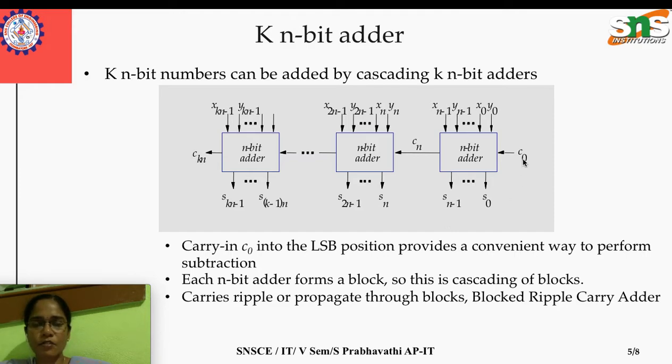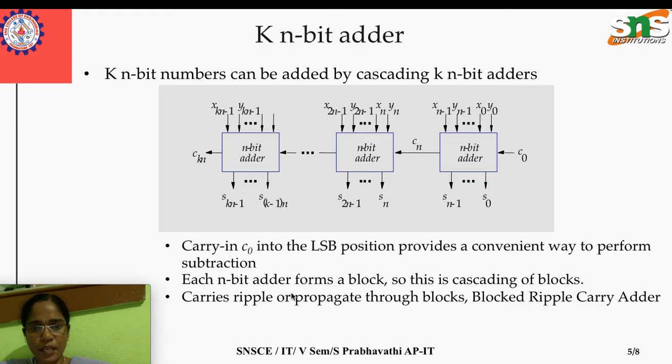As I told you, subtraction is done by 2's complement representation. For 2's complement, the given number has to be converted into 1's complement, then we have to add 1, is it not? For adding that 1, this bit C0 will play a big role. I'll come to this concept in the next slide, just keep that part in mind. This plays a major role in doing 2's complement addition or subtraction.